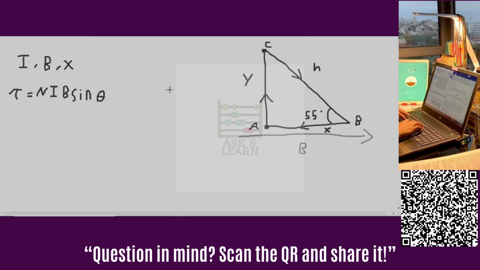Another thing we can see before we start punching numbers in is that our axis of rotation is along one of our segments, from A to C. From our intuition, this probably won't contribute anything. A good example of that would be trying to open a door by pushing on the side the hinges are attached to. It's not going to open in that case. You need to use where the handle is.